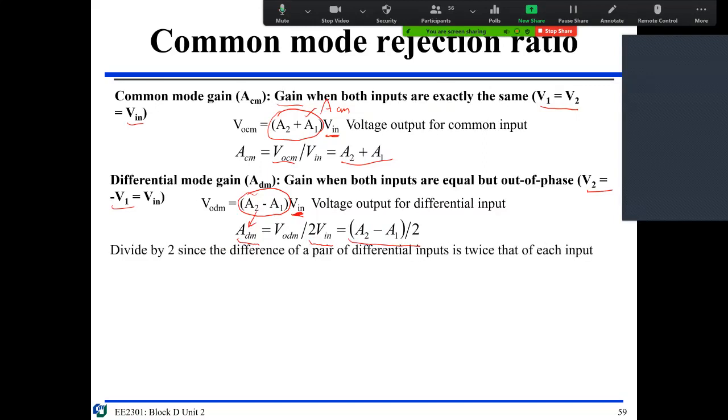Okay, so in other words, the output, if you write in terms of the difference and the summation of the input, in terms of differential mode and the common mode. So what we want to say? We want to say, if this term is 0, then that's nice.